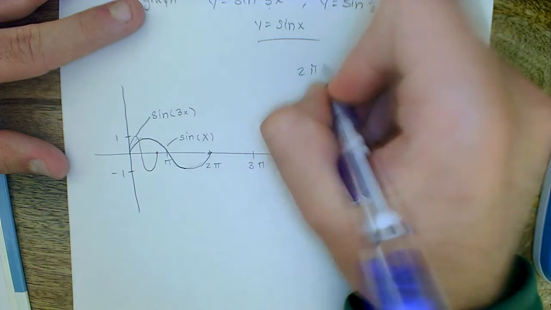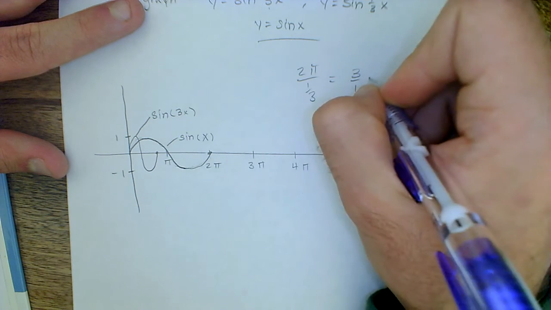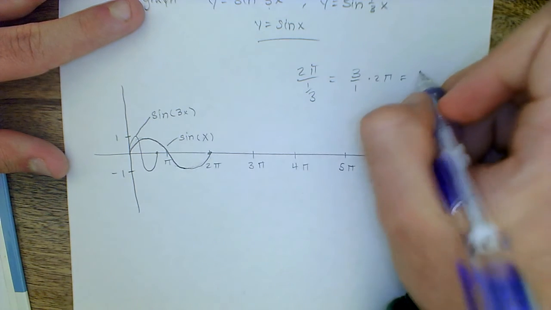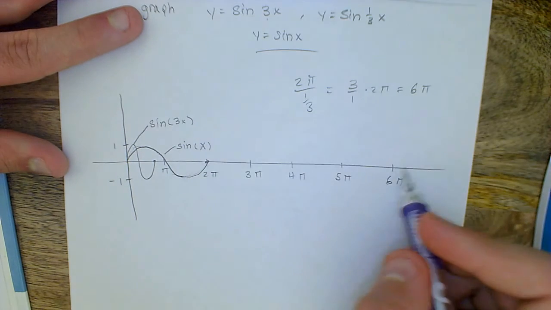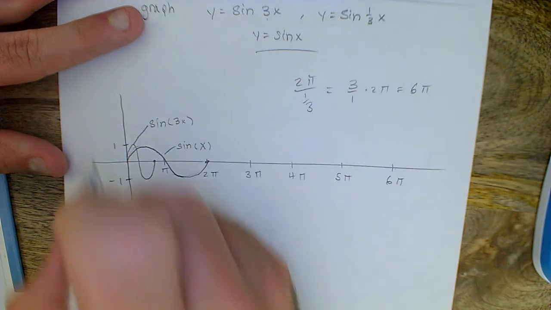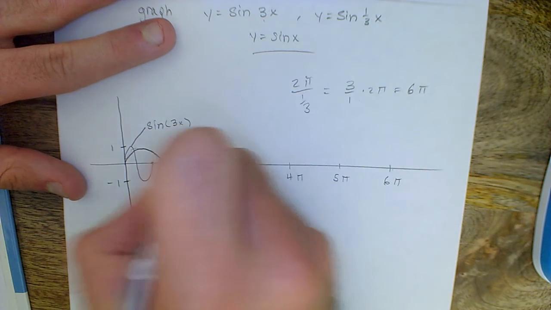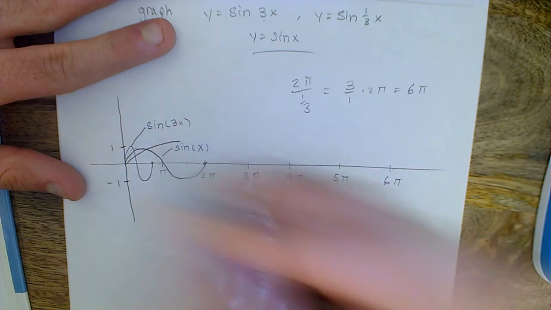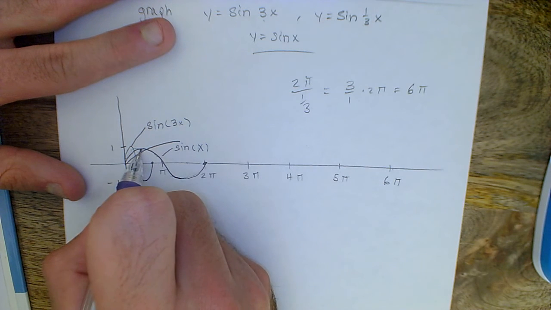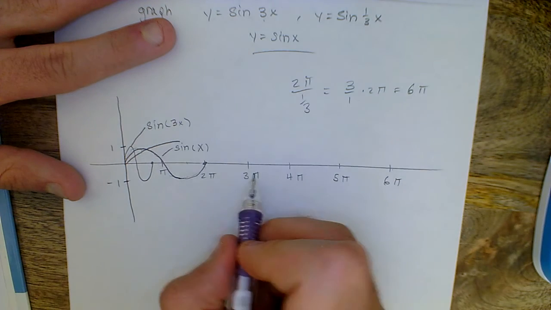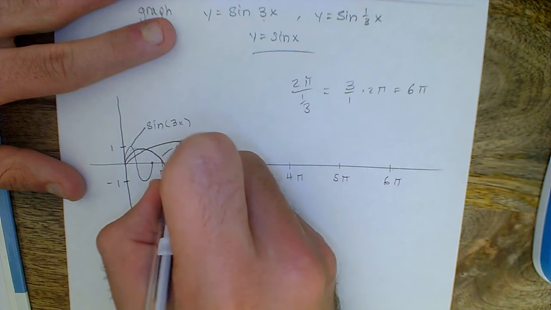Okay, and finally, if I had 1/3, well, 2 pi divided by 1/3 is equal to 3 over 1 times 2 pi, multiplying by the reciprocal, which is equal to 6 pi. So the cycle length for sine of 1/3 x is all the way out to 6 pi. The way you graph this one is, sine reaches 1 at 1/4 of the way through the cycle. 1/4 of the way to 6 is 1 1/2.